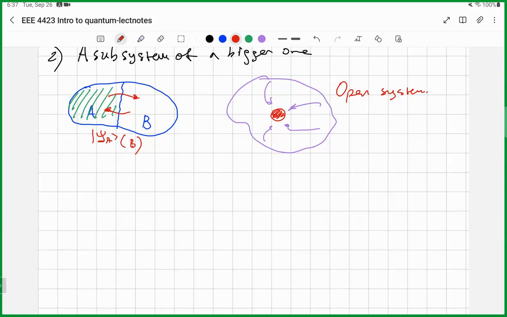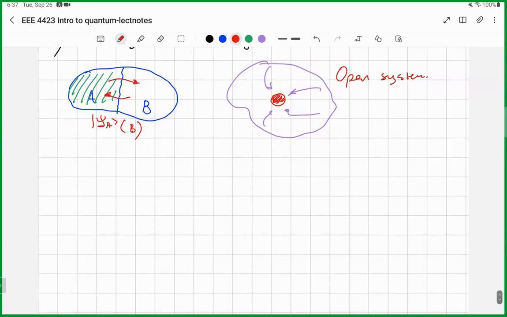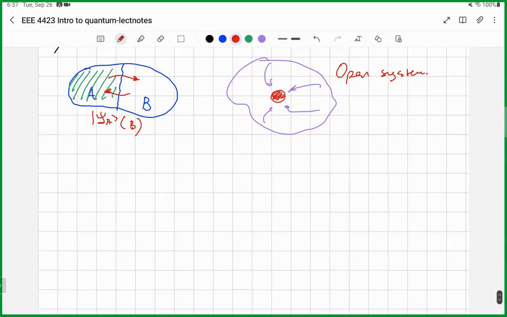So this is the second case when using just one psi vector is not sufficient to describe the quantum system. And in order to be able to describe these cases, we introduce the concept of density operator.